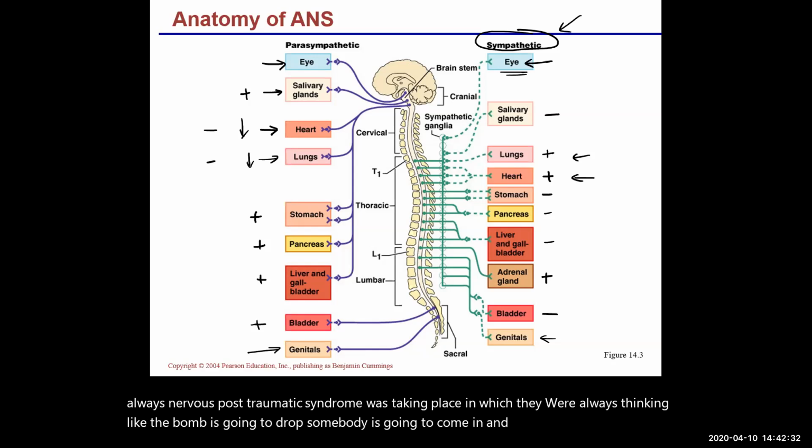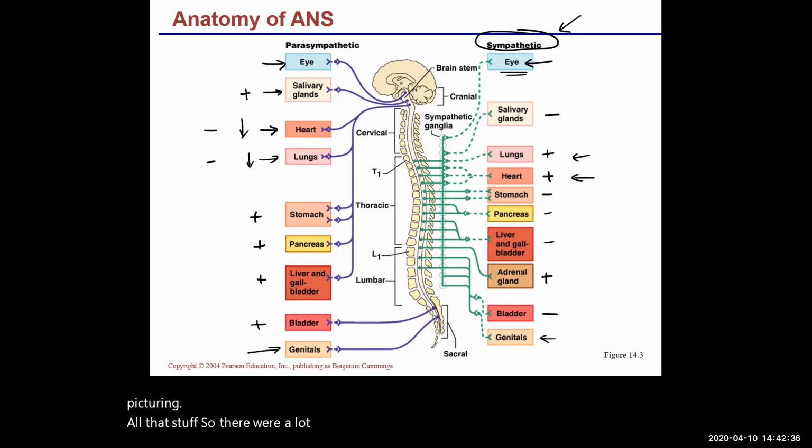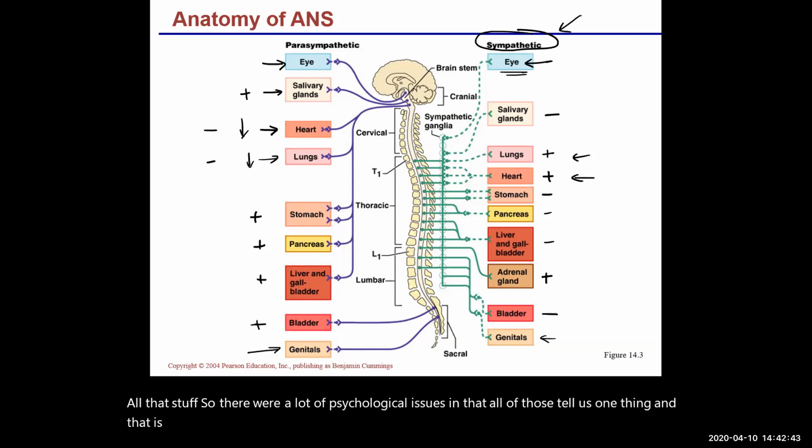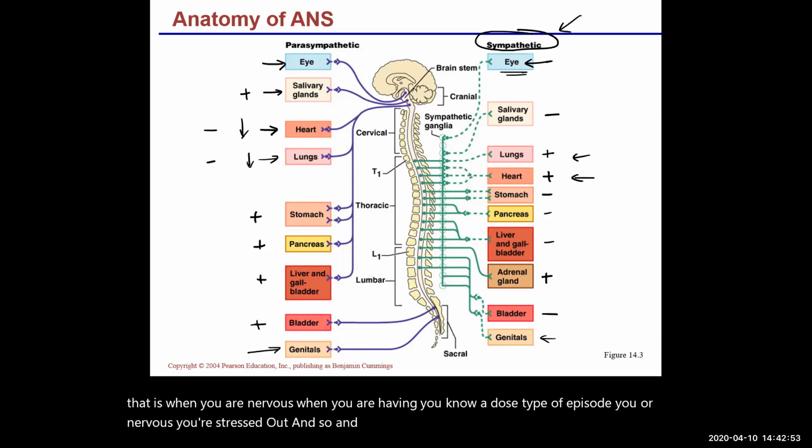They were picturing all that stuff. So there were a lot of psychological issues in that. All of those tell us one thing, and that is when you are nervous, when you are having those type of episodes, you're stressed out, and that causes inability for those individuals to have erection, and that's why they had problems. So that's the idea behind that.